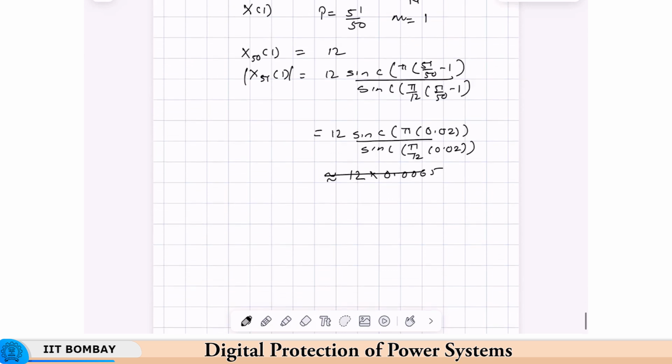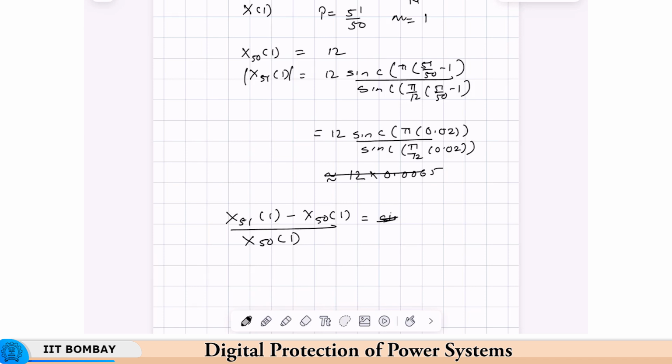So let us compute now what will happen with X of 51 minus X of 50. The 12 will cancel, of course.